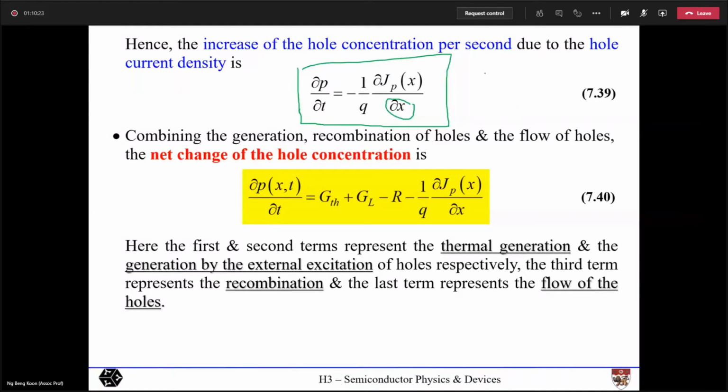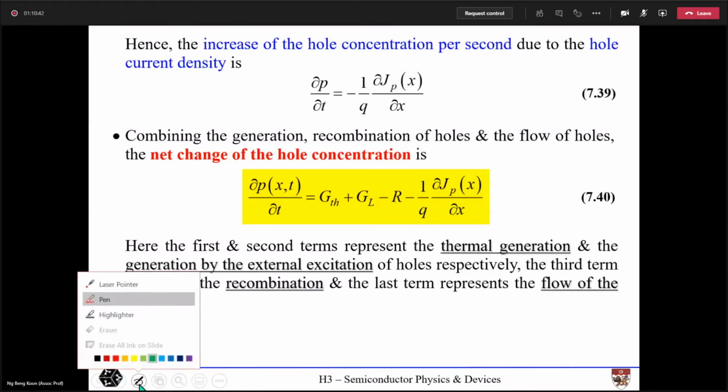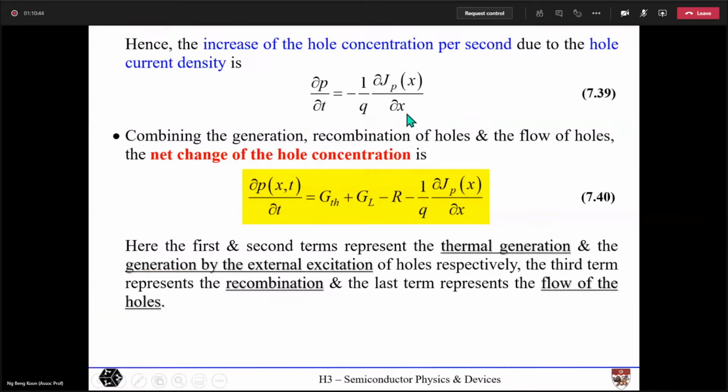So this is how the presence of some current will affect the change in the concentration of the carrier as a function of time. This allows us to modify the rate equation that we used earlier to take into account the effect of current. So we now write the rate equation as this.